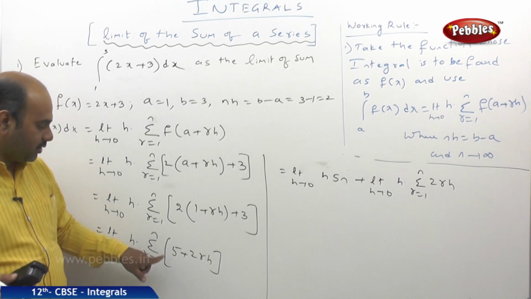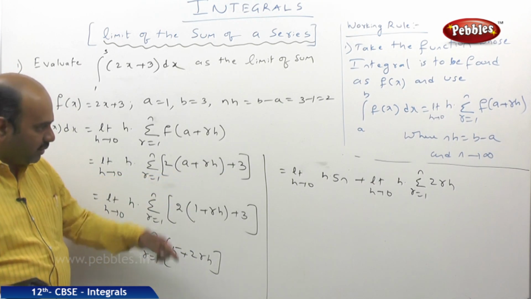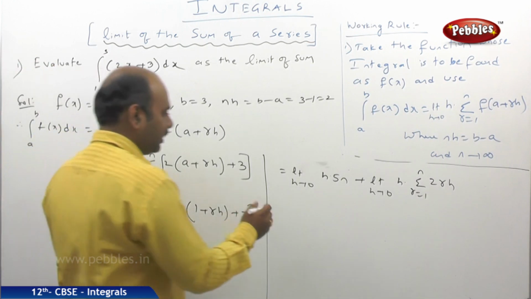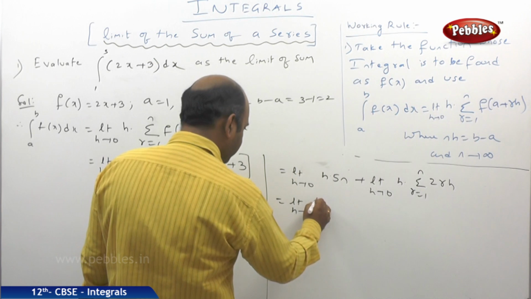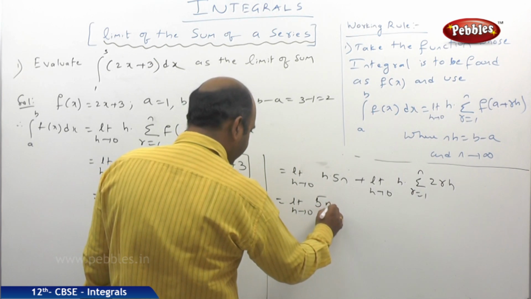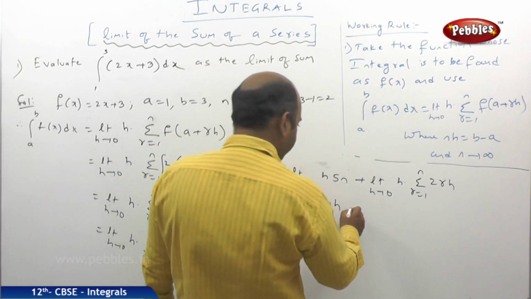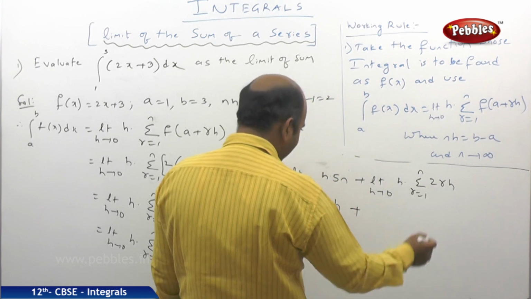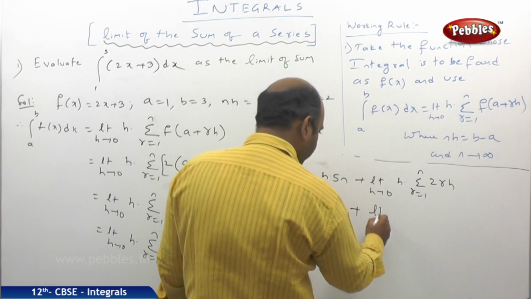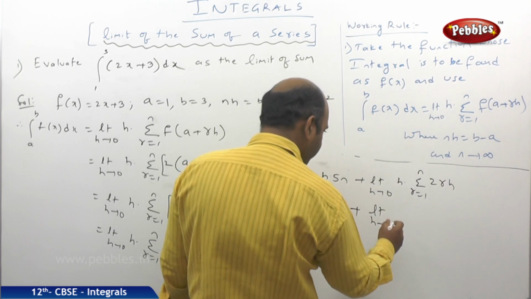But here summation r equal to 1 to n of 5 means 5n. So later, limit h tends to 0, this is 5nh plus h will be coming outside. h coming outside means h square, because here we are going to apply limit h tends to 0.